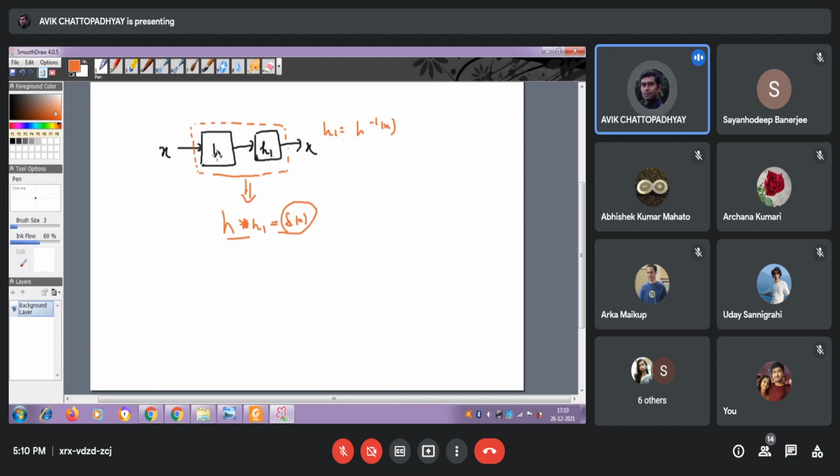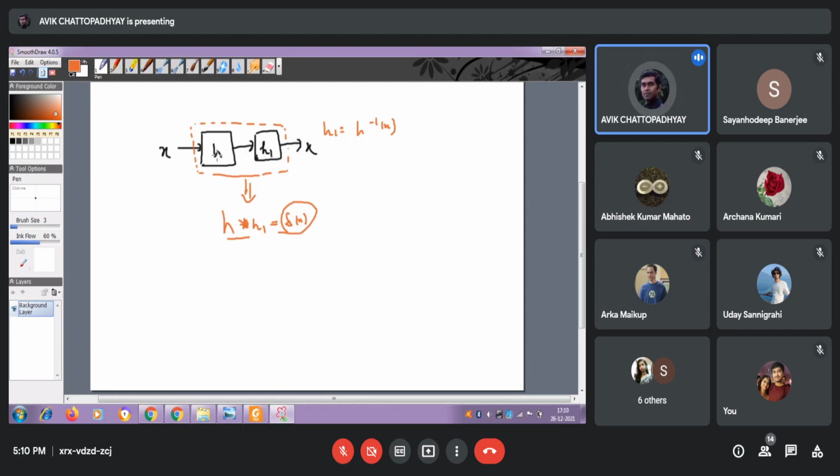So if I can design the filter at the receiving end, try to understand the concept, whose impulse response will be the inverse of the impulse response of the channel, then of course I can nullify the effects introduced by the channel.